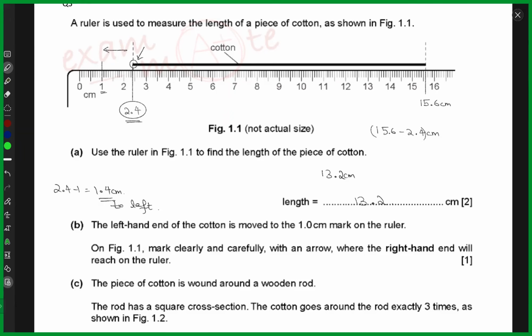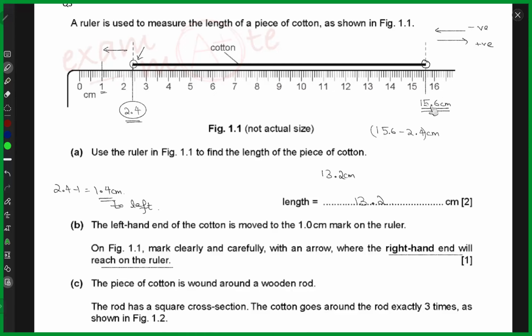Now they're asking you to mark where the right end will reach on the ruler. Because the cotton is moving to the left, the right end, which is at 15.6 centimeters now, has to move left as well. Right side is positive and if I move to the left, I have to subtract something from it.